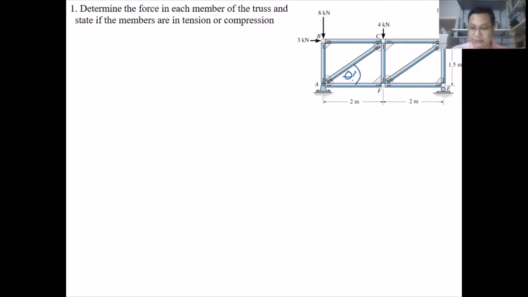We go first to joint B, because at B two forces are already known, and only two forces are still unknown. Okay, draw first.